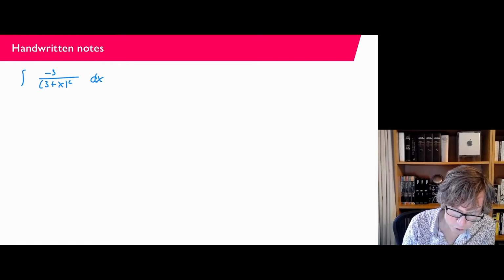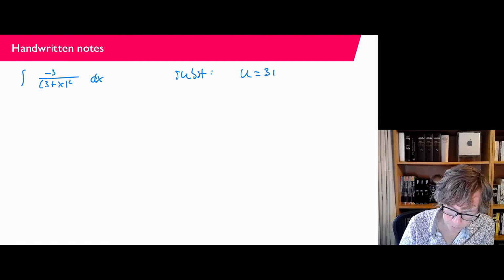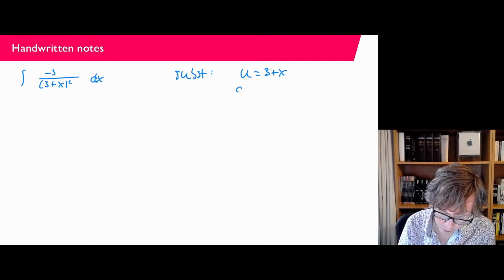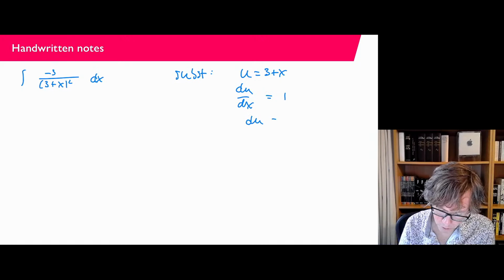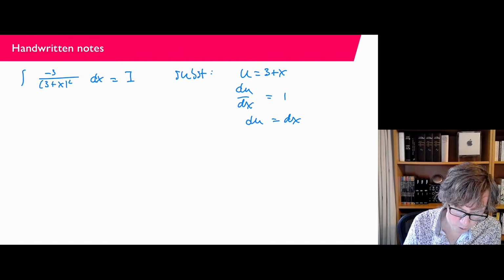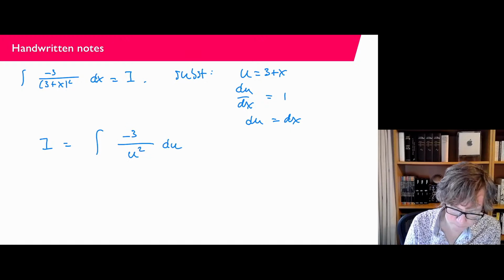So I'm going to use substitution. And I am going to choose u to be 3 plus x, because in the numerator I have something squared and something is difficult, so I'm going to choose that. Well, then du/dx equals 1, so du is dx. So if I call this integral capital I, it means that capital I is the integral of minus 3 over u squared du.